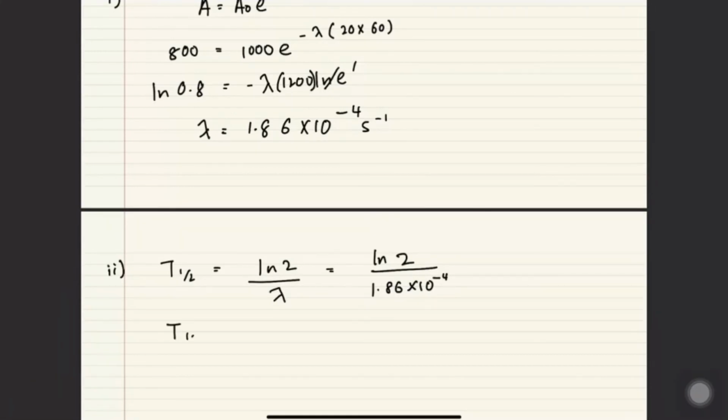So, your t half now equals to 3726. Sama tak? Second. Okay, so kita dah pakai SI ni, so everything, our answer semua dalam second.